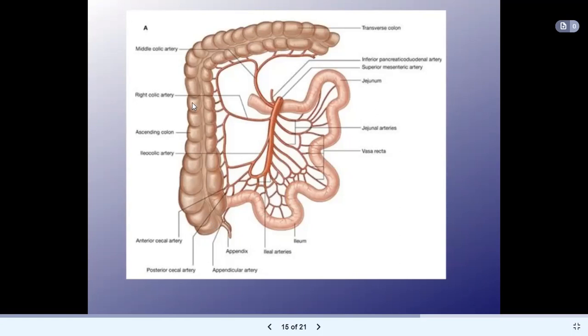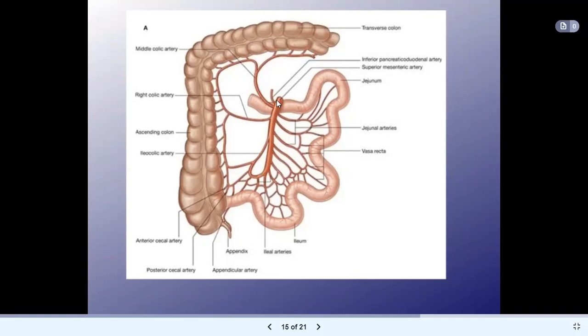Then you have your ascending colon, and then 2/3 of your transverse colon. In this diagram, we don't see the descending colon and the sigmoid colon because they are not supplied by the superior mesenteric artery. This big main artery here is the superior mesenteric artery.